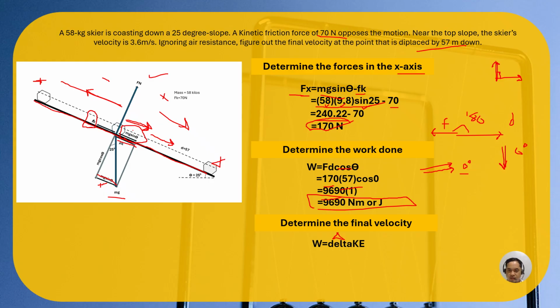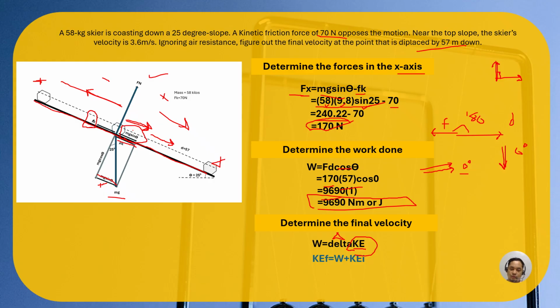We are using the kinetic energy here because the formula for kinetic energy is 0.5 mass times velocity squared. So the velocity variable is hidden in kinetic energy. It's moving, so it has a velocity going on here.